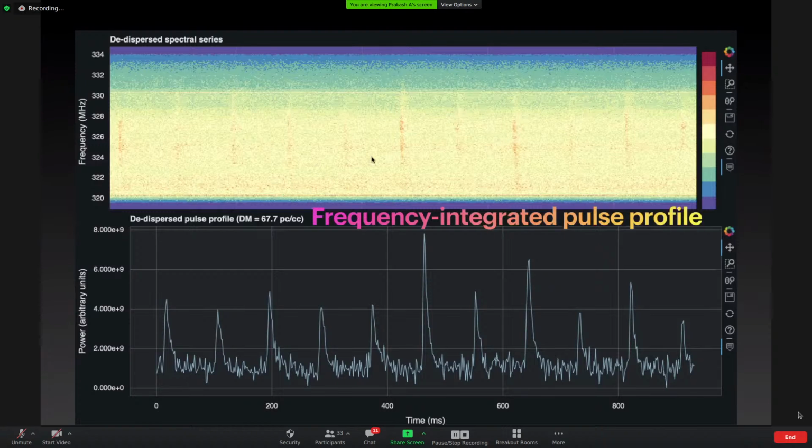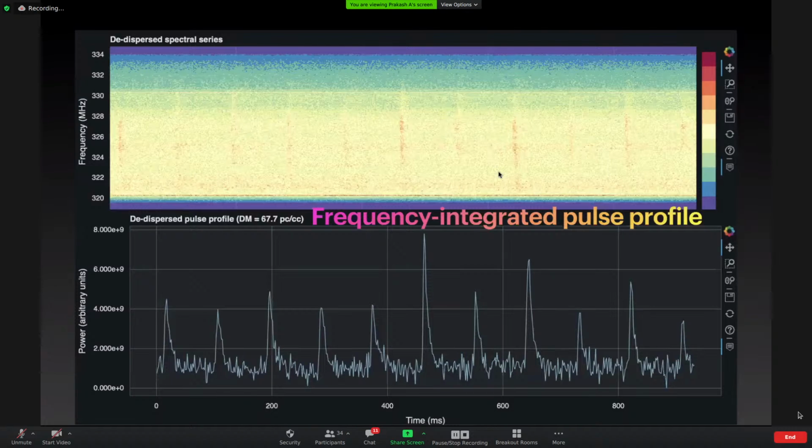So the approximate DM value that I got was about 67.7 parsec per centimeter cube, and that was used to correct. I mean, if it's a bit off here and there, it shouldn't matter. Once you do it according to the values you get, you can see the effect in the de-dispersed dynamic spectrum.